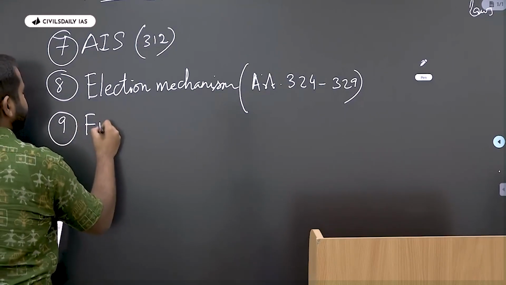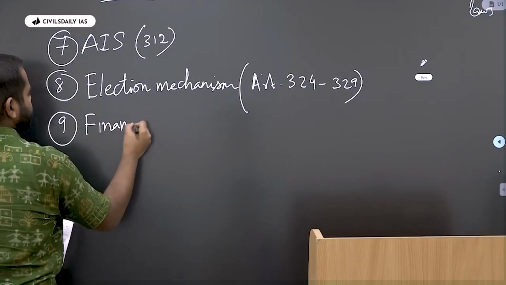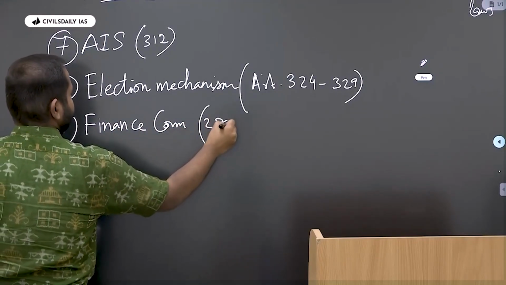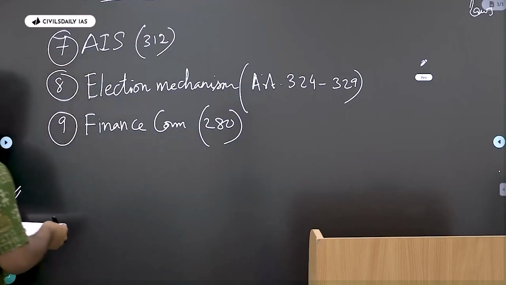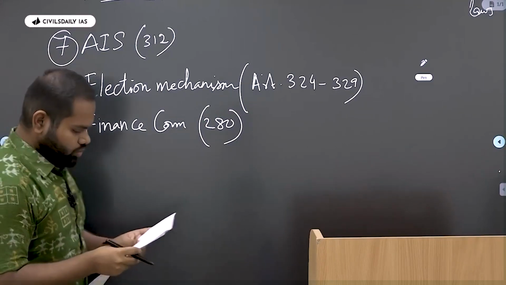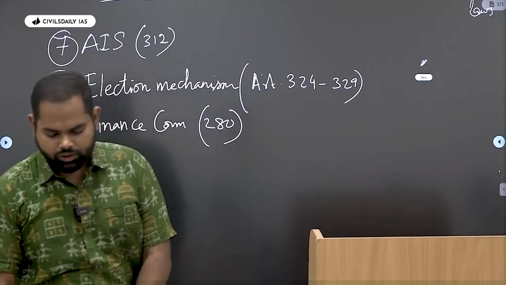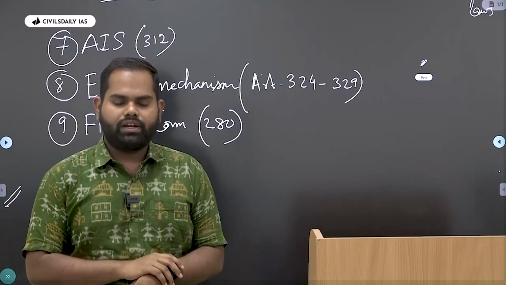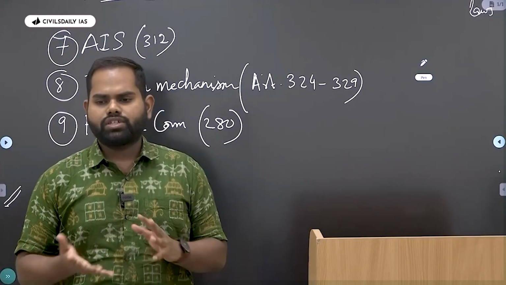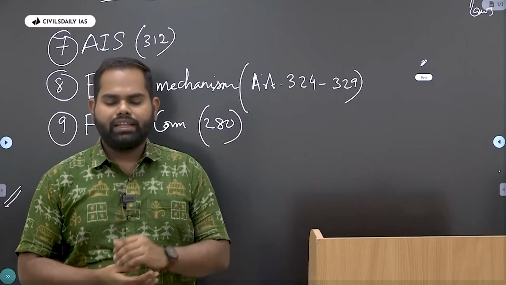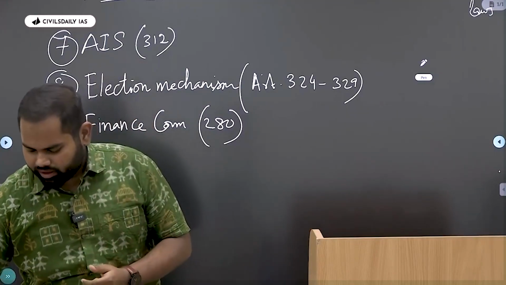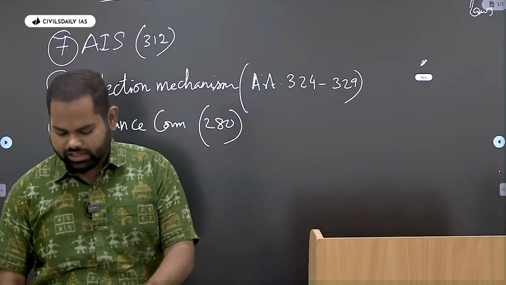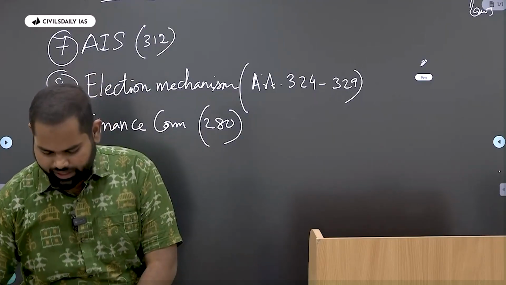Then we have the Finance Commission, 280. So the things that could come around are the different ways in which to show that asymmetric federalism is there. There are a lot of questions, I think PYQs had that: in India the power is towards a centralizing authority, what is your opinion on that?